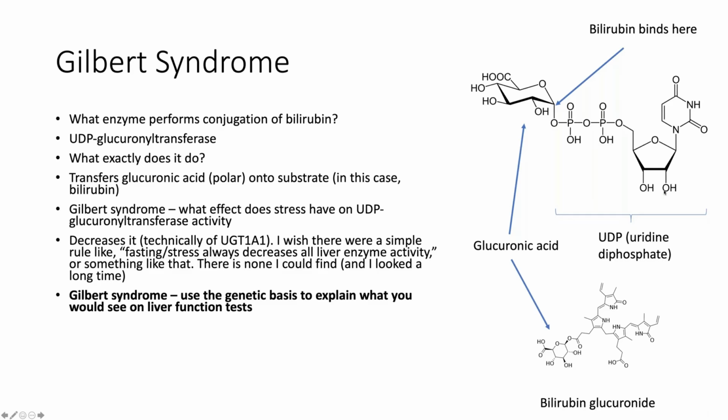So Gianna, now use the genetic basis of Gilbert syndrome to explain what you would see on the liver function tests. What abnormalities would you see? So I think as we discussed, the genetic basis was that it decreases the ability for bilirubin to become conjugated. And we said that the liver is the organ that does the conjugation, right?